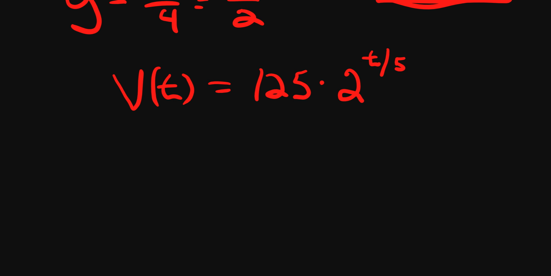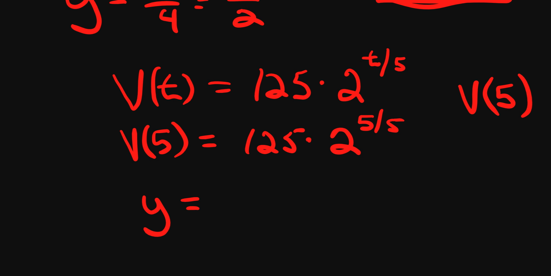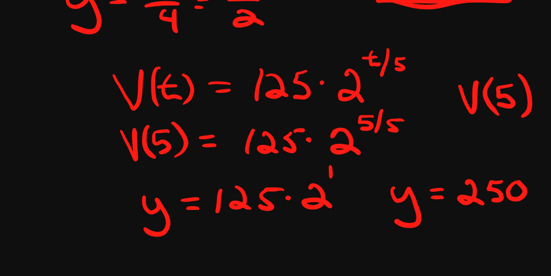All right, so this ends up evaluating to be y equals 125 times 2, 5 over 5 equals 1. That's 2 to the first power, which is 2. So therefore, y is going to equal 125 times 2, which is 250. Okay, a little kind of nice stuff there that they're introducing us to, using the t with the exponent.